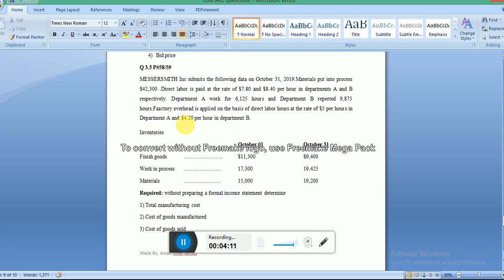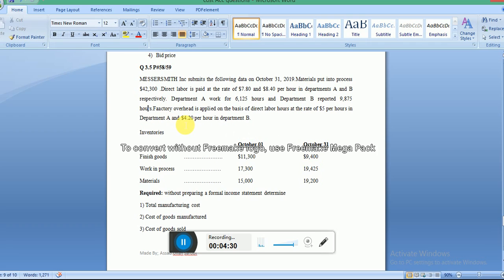Materials on October 1st, $15,000, and on October 31st, $19,200. It shows that from October 1st to October 31st, this is the 1 month total data.